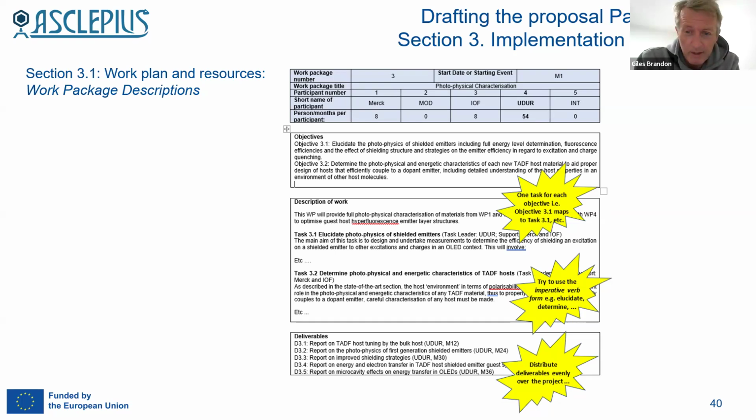I strongly recommend that with these titles, you use the imperative version of the verb. This is the version of the verb where it's really an instruction. So if you see these tasks, task 3.1 says elucidate. Task 3.2 says determine. I use this form. It's a subtle thing, but it really emphasizes action, doing things, yeah?